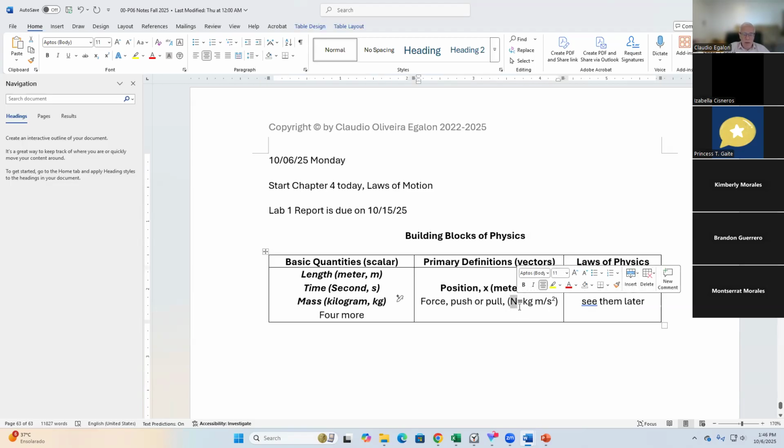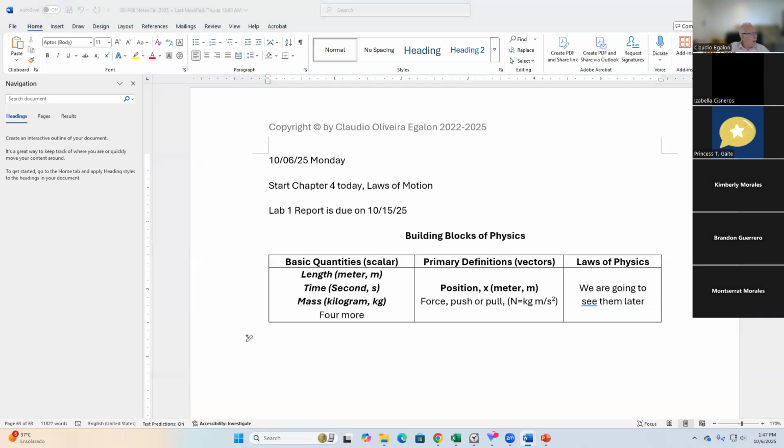The unit for the force is the Newton, which is a combination of mass and acceleration. The Newton is a unit that involves the kilogram, the meter, and the second squared. And this unit comes exactly from one of Newton's laws. We didn't talk about any of the laws of physics yet, but we are going to start talking about them right now.